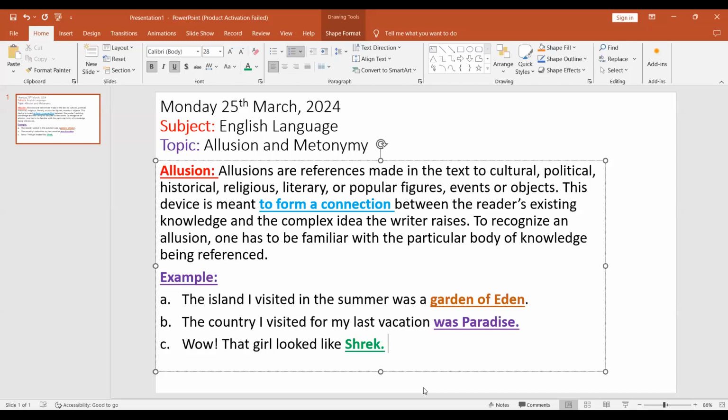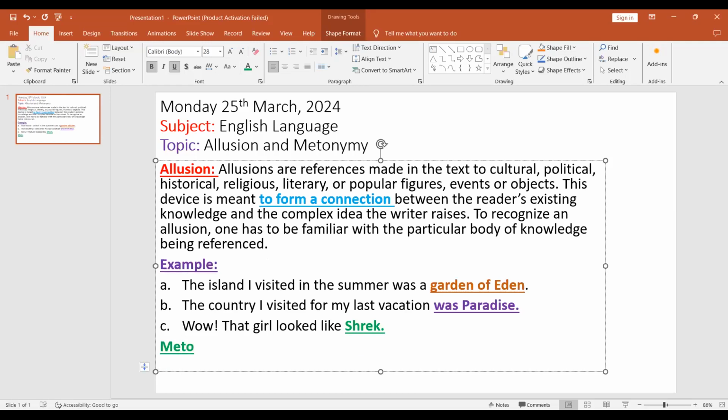The next thing that we're going to learn about is metonymy. Does anyone know what I mean by metonymy? No, sir. Okay, metonymy is very easy. We do it all the time.